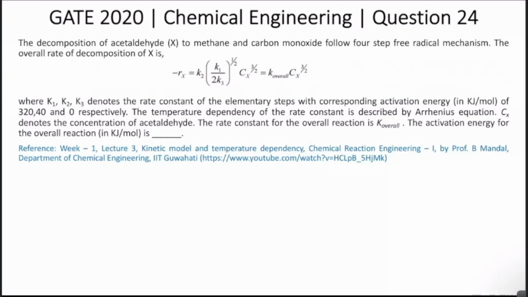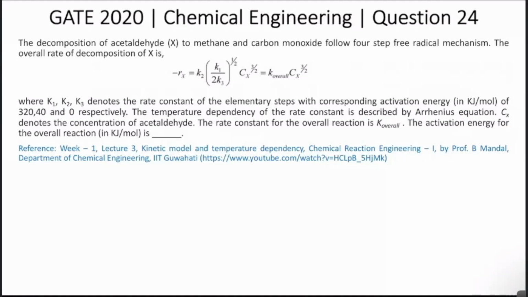So this is a question from the reaction kinetics part of chemical reaction engineering, and the reference NPTEL lecture can be found in week 1 lecture 3, kinetic model and temperature dependency, chemical reaction engineering 1 by Professor B. Mandal, Department of Chemical Engineering, IIT Guwahati. So here they have given us the rate equation.